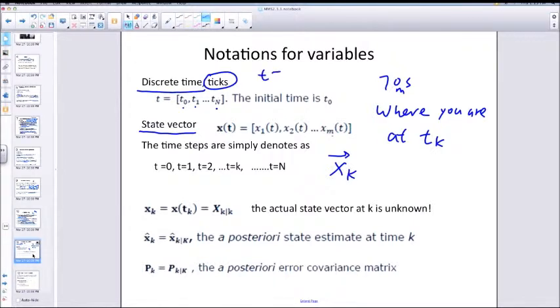To make it easier, you can write as 0, 1, 2, up to n. So each tick is the time unit. Could be 1 second, could be 100 milliseconds. That's your choice of the program. So this is the notation.